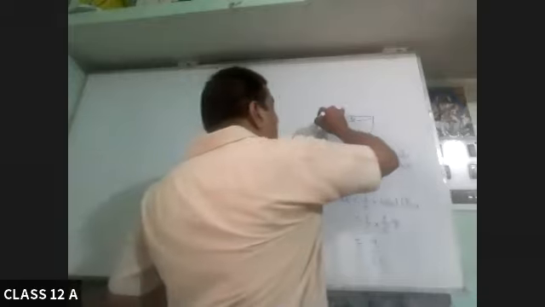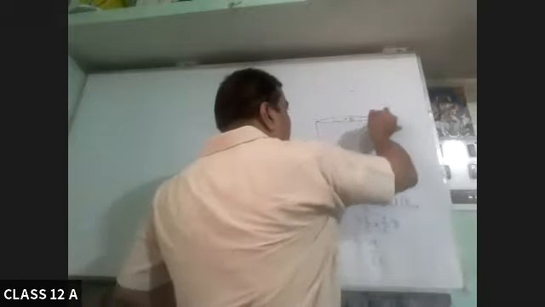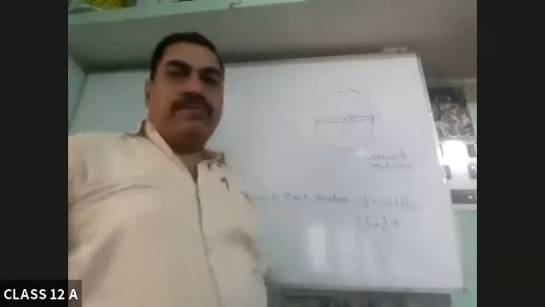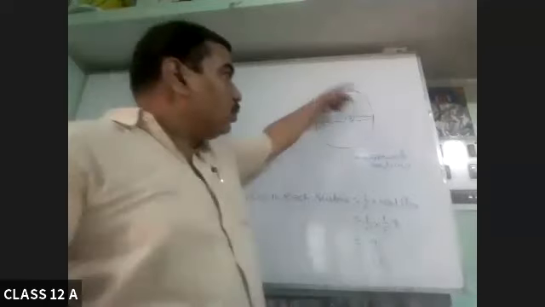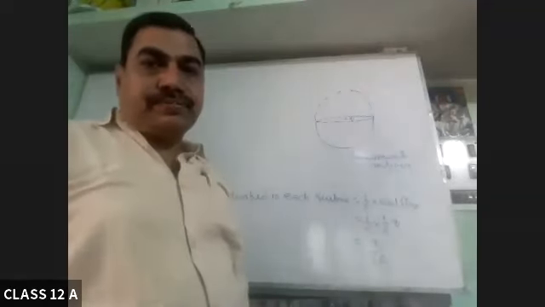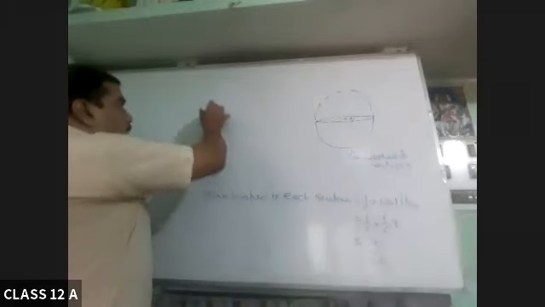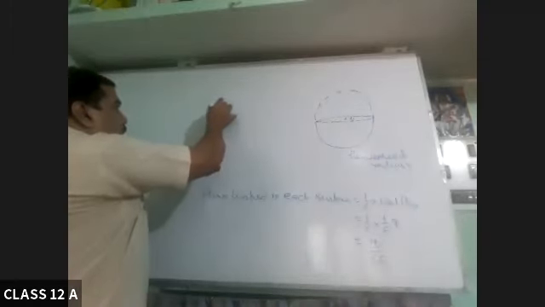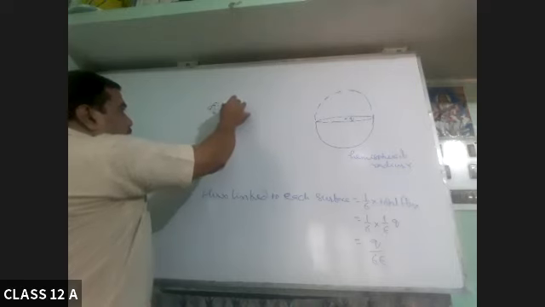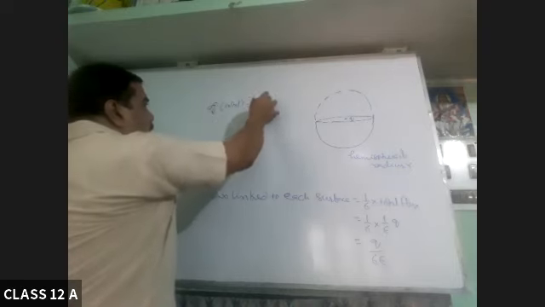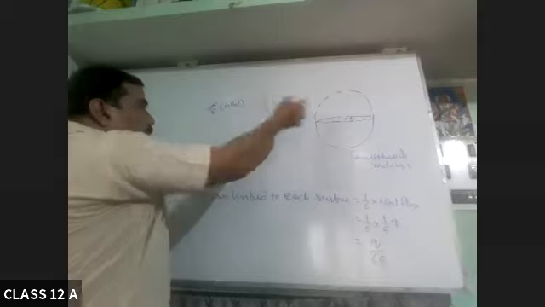We will consider this sphere. That is, the half part we have assumed, now it is a closed surface. This is the sphere. What is the total flux linked? The total flux linked will be Q over epsilon naught.